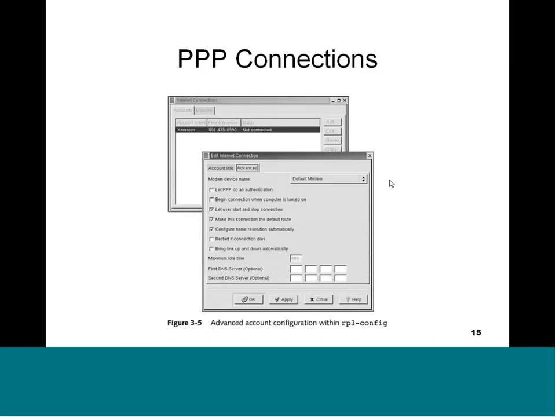So here is one example of how we set up the PPP connection. There are many options. One is let PPP do all my authentication, begin connection when the computer is turned on. You may or may not want to do that. Then let user start and stop the connection. I think this is a good option, so that the machine doesn't shut you down when it needs.